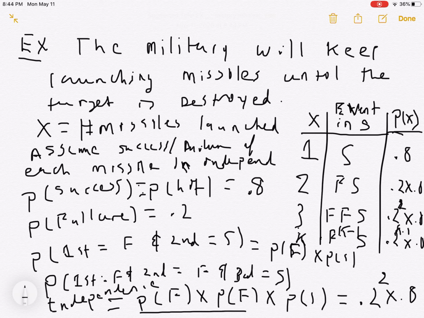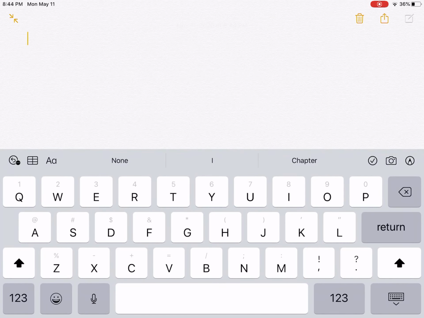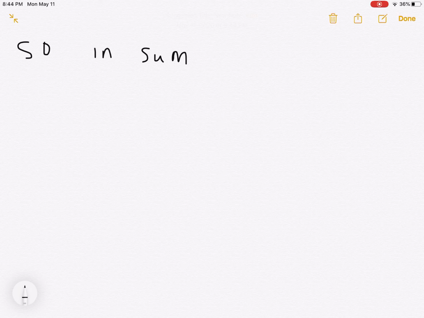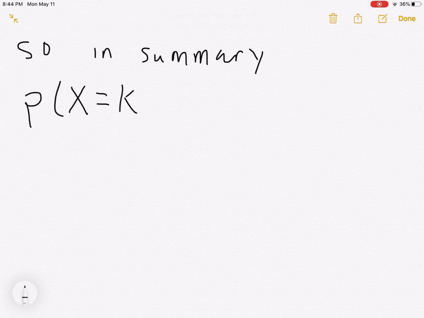Let's rewrite that. Okay. So, in summary, the probability of having x equals k trials is going to be 0.2 to the k minus 1 times 0.8.